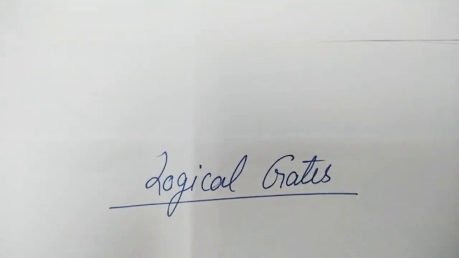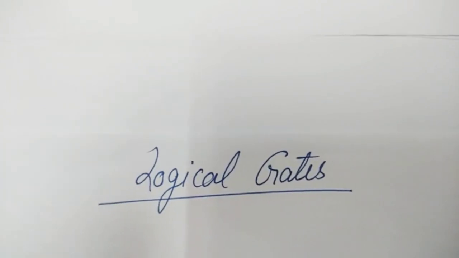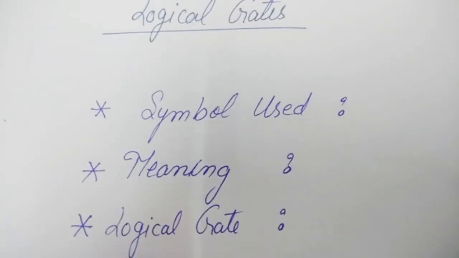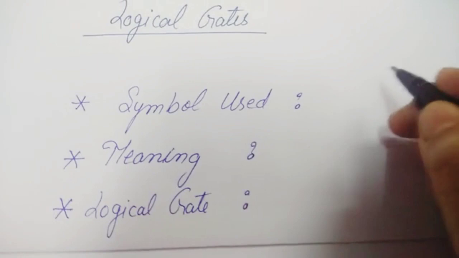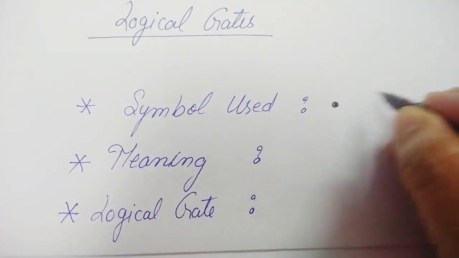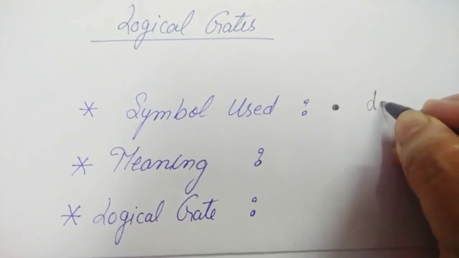Now starting with the first topic of Boolean algebra, the first topic is logical gates. The first logical gate we will study is AND. Now here the symbol used for AND is a dot. We call it the dot operator.